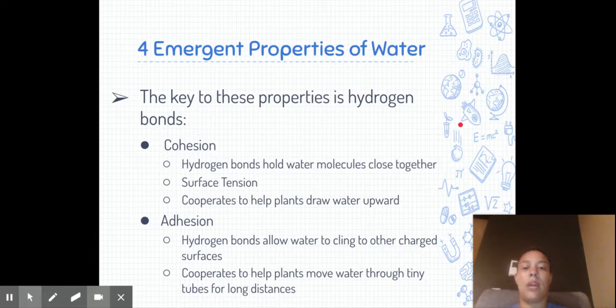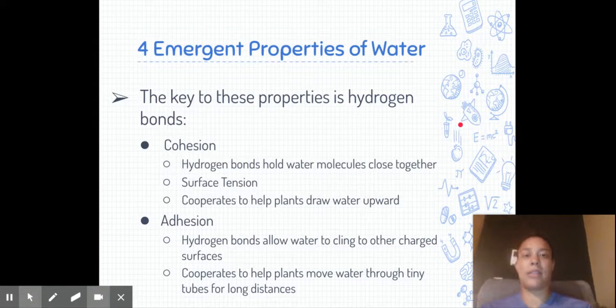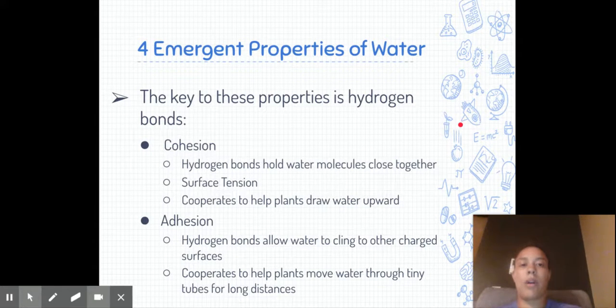But a really key example of this one would be something like transpiration, and that is like the root systems for our plants and how water can travel up and defy gravity and be pulled upward. So, water liking and clinging to other charged surfaces.